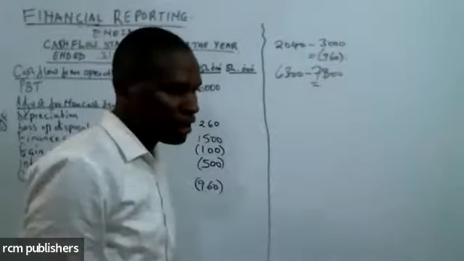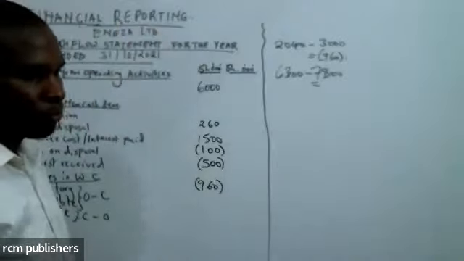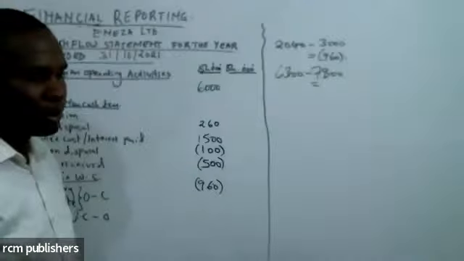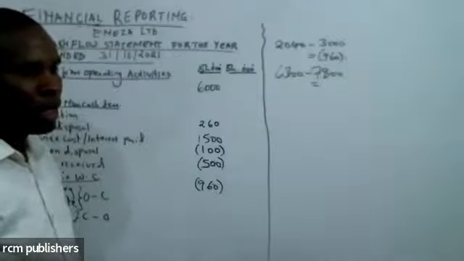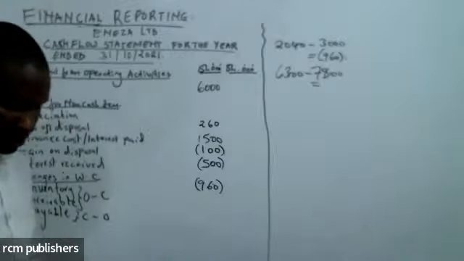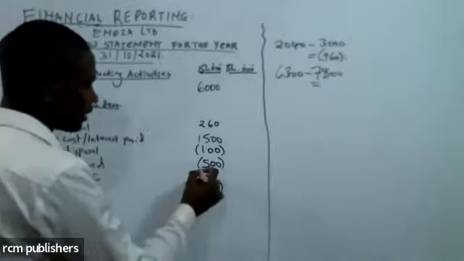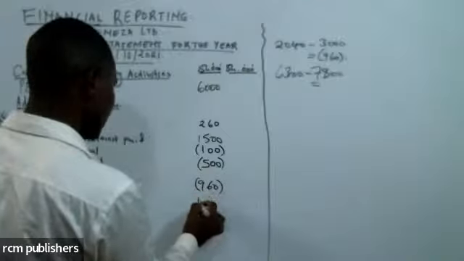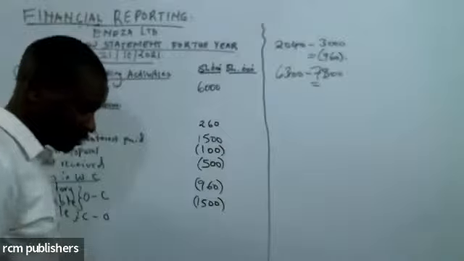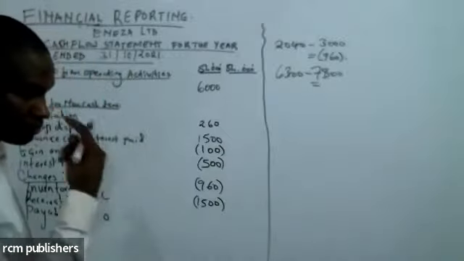So it is still an outflow. An outflow of how much? 1,500. Thank you, 1,500, which is a negative. But those are 3 marks, by the way. Whatever we are indicating there, those are 3 marks.